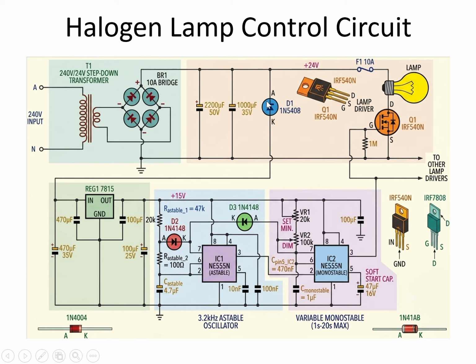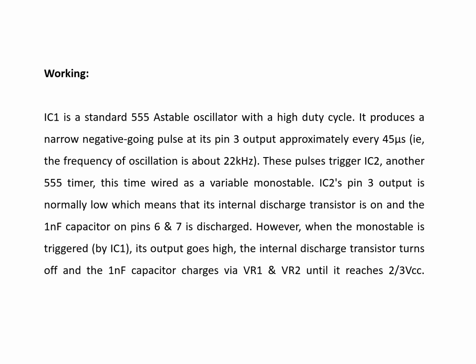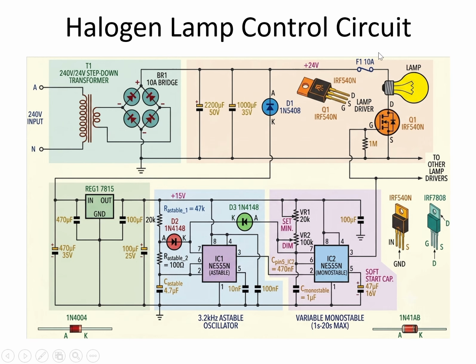This is a freewheeling diode, a reverse biased diode, which protects against reverse voltage and voltage spikes. And this is D2, and this is D3. These fast switching diodes control the charging and discharging path of the timing capacitors, helping maintain accurate PWM timing. This fuse disconnects the supply during excessive current or short circuit, protecting the transformer, MOSFET and lamp.